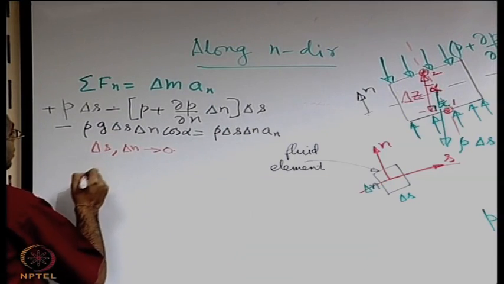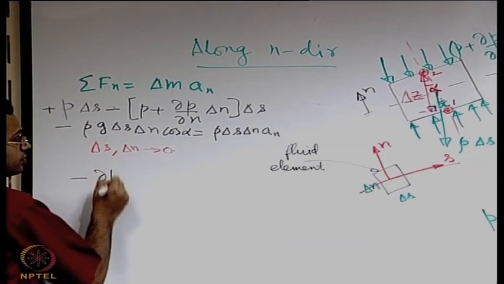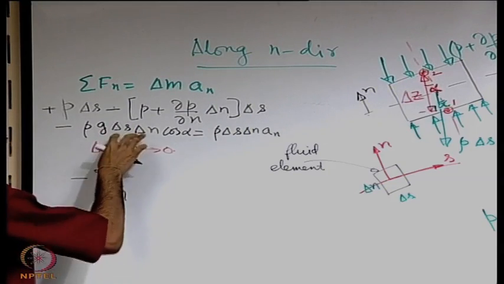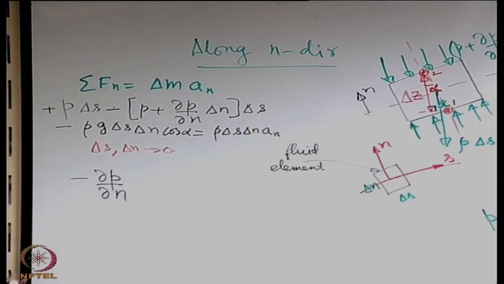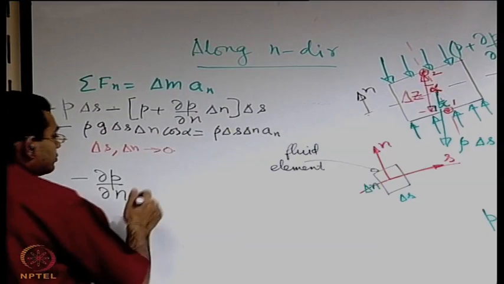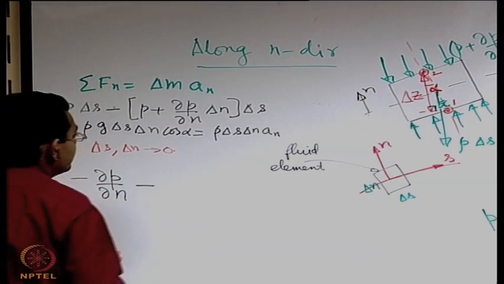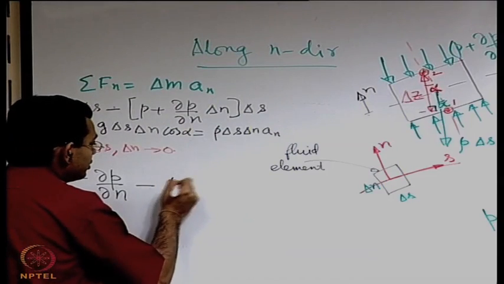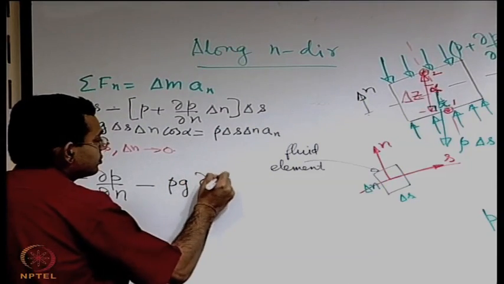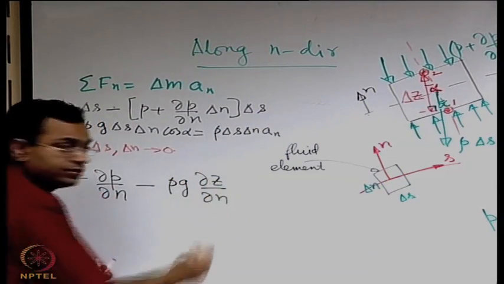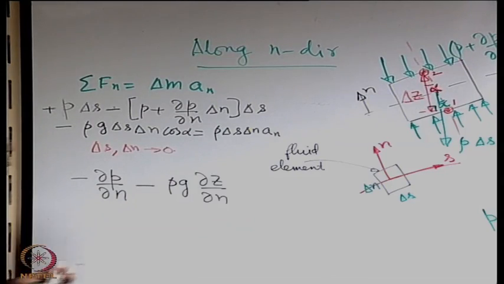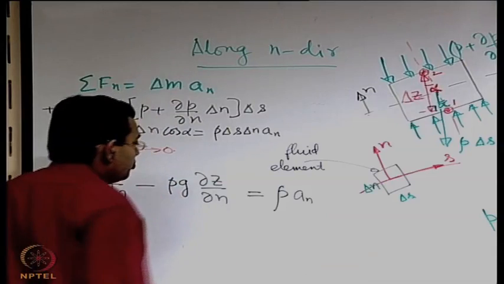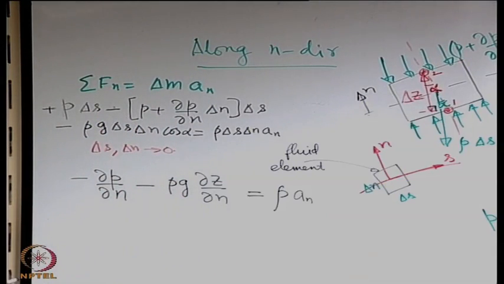You have, delta s into delta n will cancel from both the sides, minus rho g into the derivative of z with respect to n, this one is equal to rho a n. Important thing now will be what is a n.